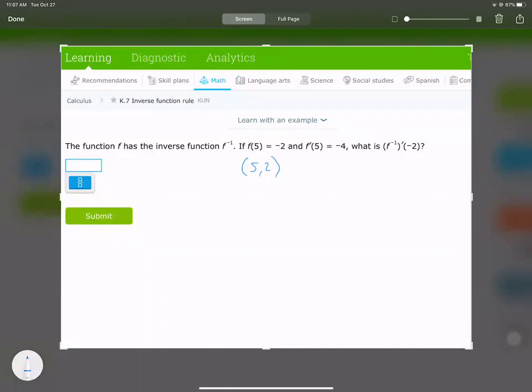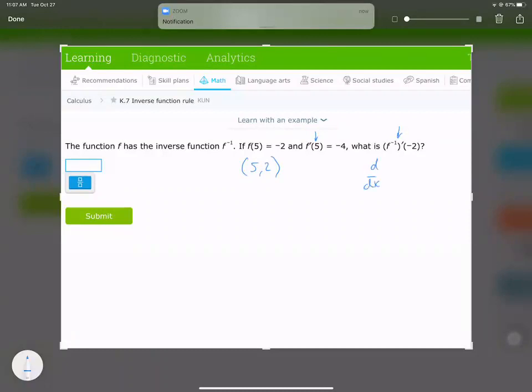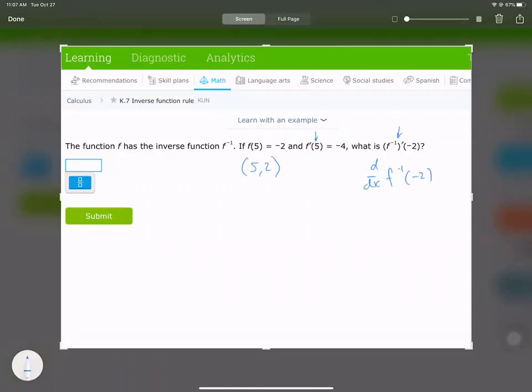And the derivative at 5 is negative 4. What is the derivative of the inverse function at negative 2? Well, we said this is equal to 1 over f prime at, remember, if this is my original y value, what's my x value? 5. And what's f prime of 5? 1 over negative 4.